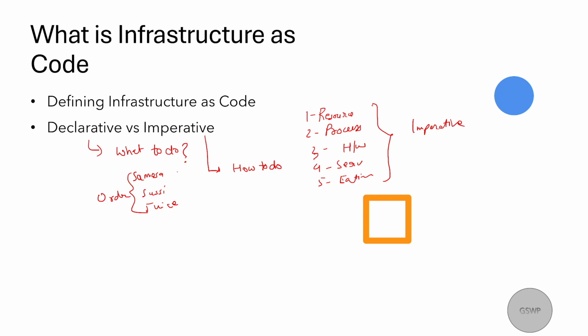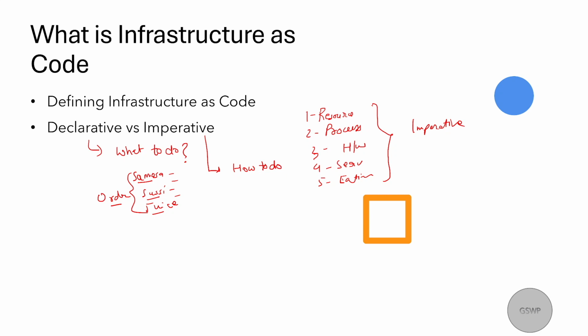You don't have to worry about anything like resources, infrastructure, process, hardware, what is required. I don't have to worry about the whole process. I want to eat samosa, I want to eat sushi, and I want to drink juice. I just order it and then I will get it and have it. So this is the difference between declarative versus imperative.